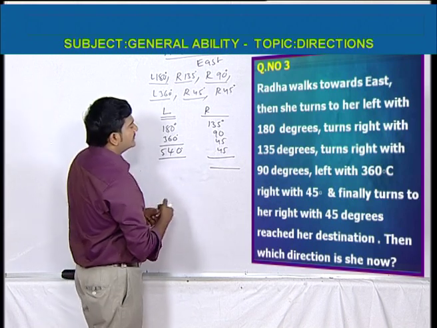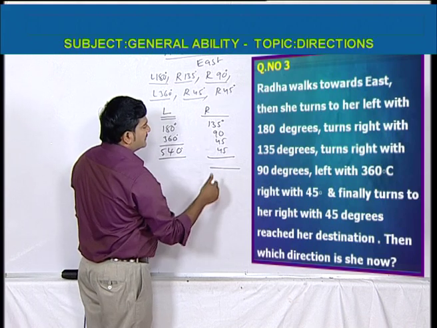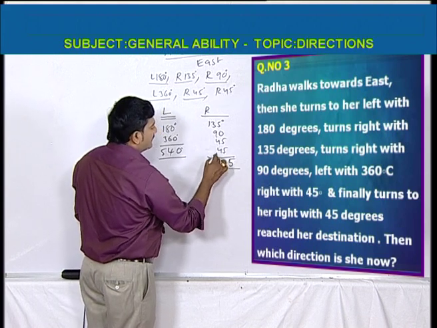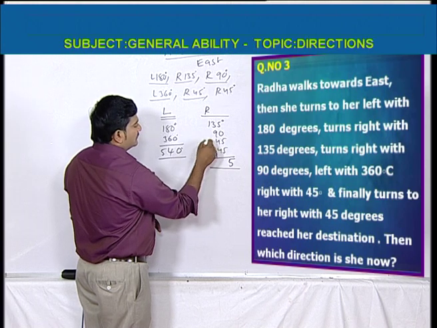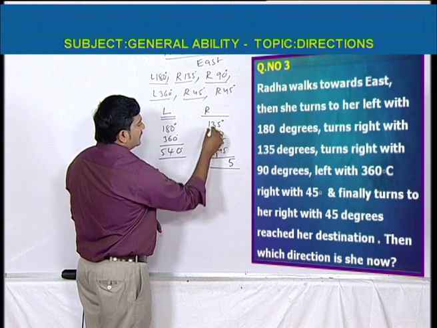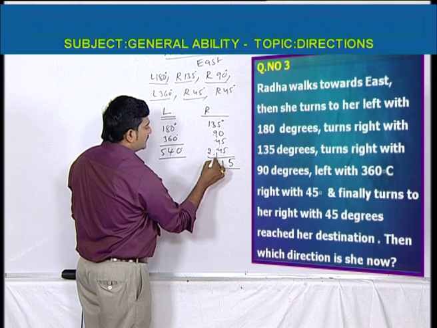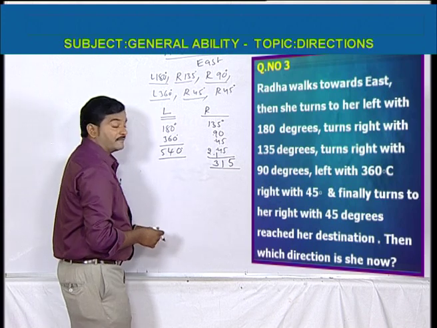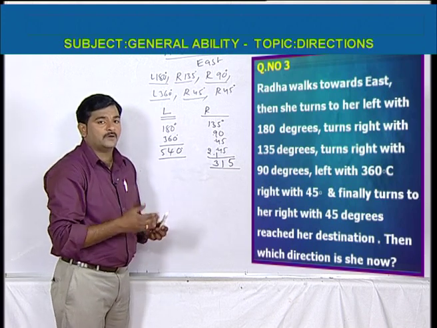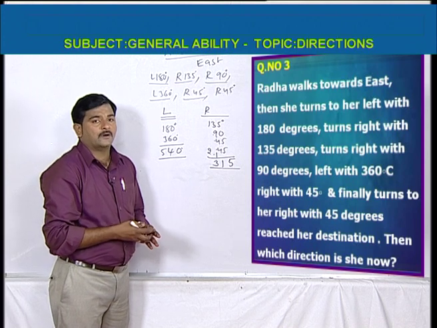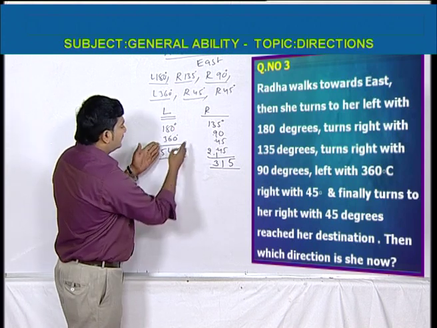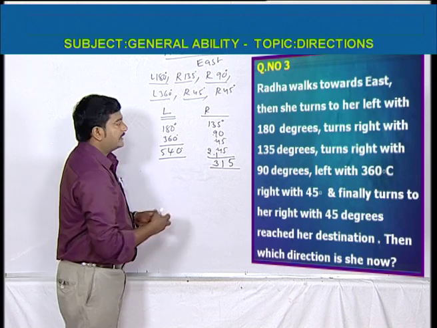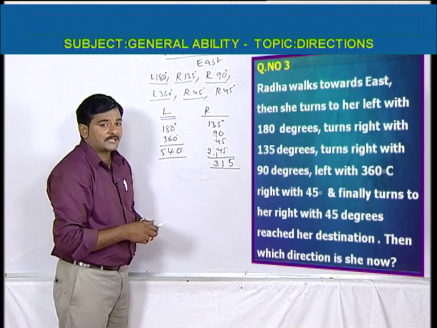Let's add all these angles. 5 plus 5 is 10, 10 plus 5 is 15, and so on, and we are getting 315 degrees. Adding all left angles I am getting 540. Similarly adding all right angles I am getting 315 degrees.